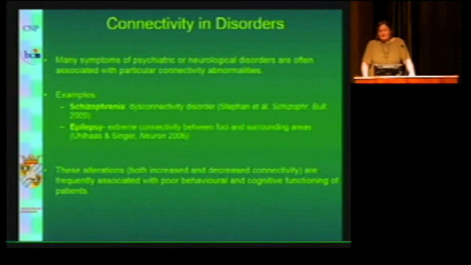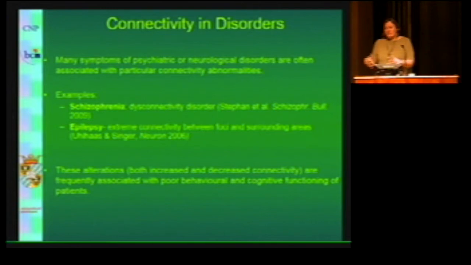So the first question is probably why would we change brain connectivity? As you surely know, in all or almost all psychiatric and neurological disorders, brain connectivity is disturbed. It's either increased or decreased, and we are talking about anatomical connectivity, or functional or effective connectivity.